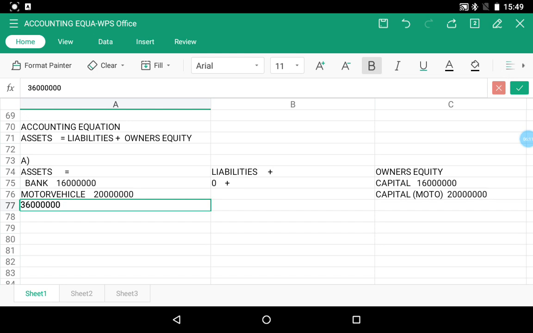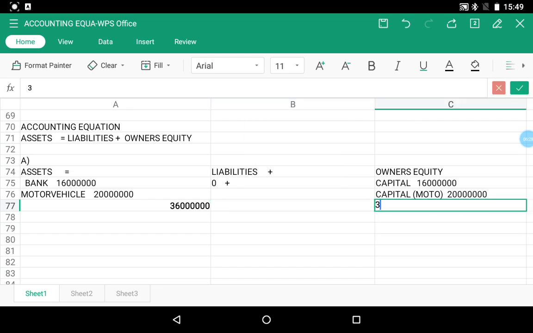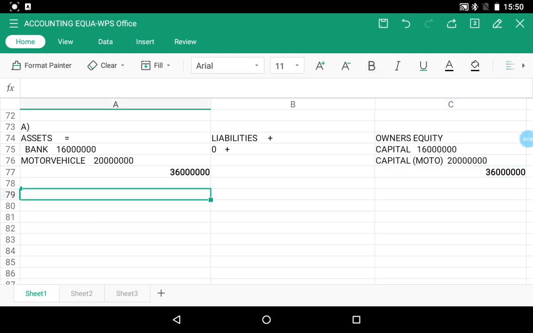Then when you come here, liabilities are 0, plus capital of 16 million bank and 20 million motor vehicle, we get 36 million. So that is our part A.